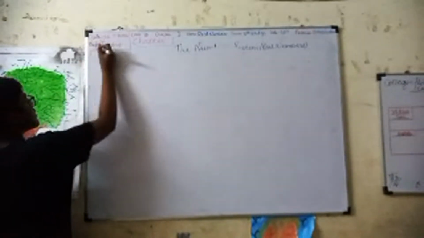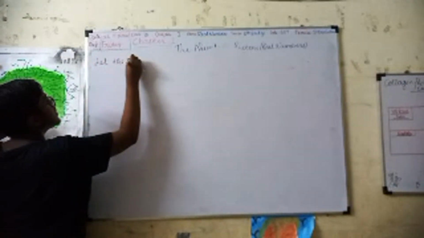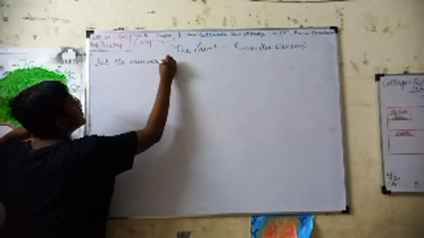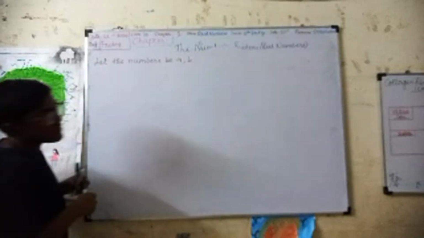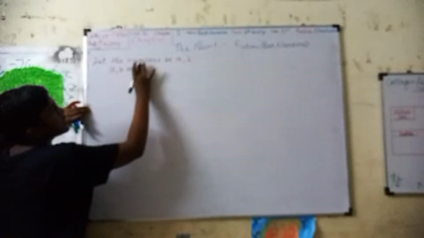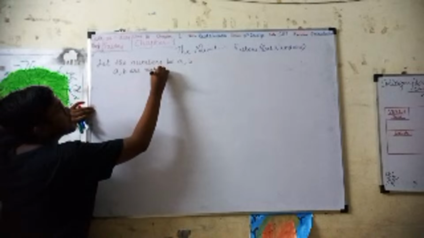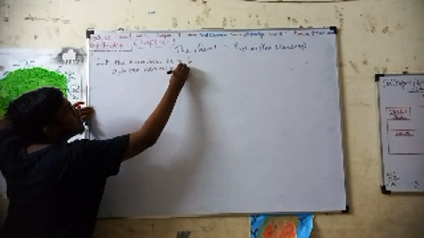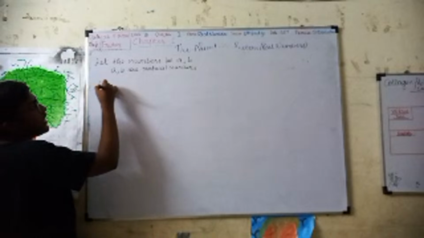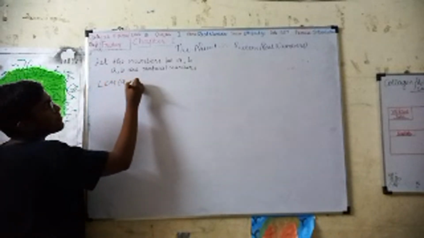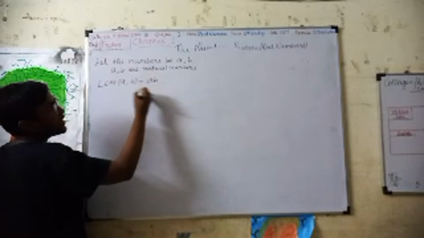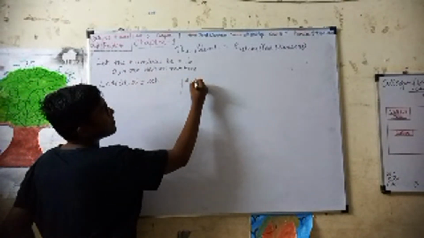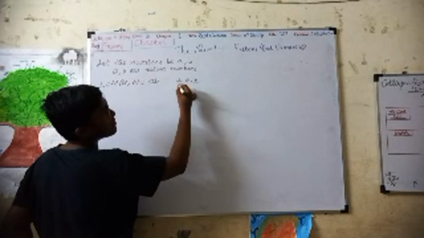Let the numbers be A, B. A, B are natural numbers. So LCM of A, B is AB.